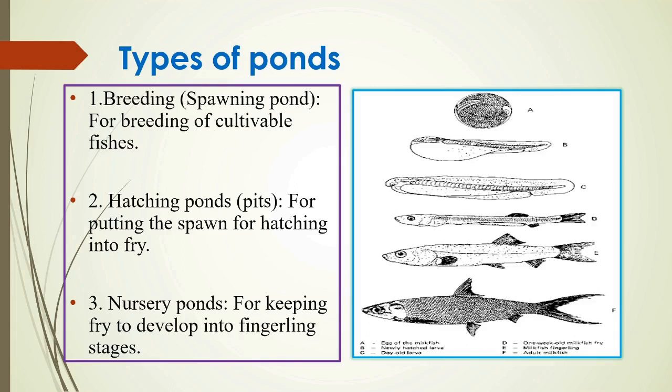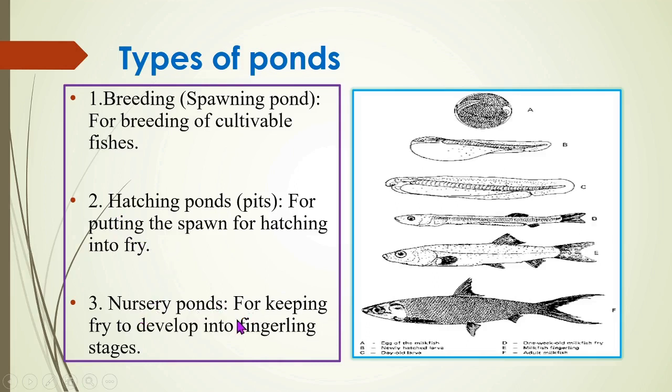It feeds on zooplankton and the supplementary feed which is added to the pond. After 7 days, the spawn assumes the shape of a fish. This stage is called fry. Fry is 1 to 2 centimeters in length, and this process takes place in the hatching ponds.